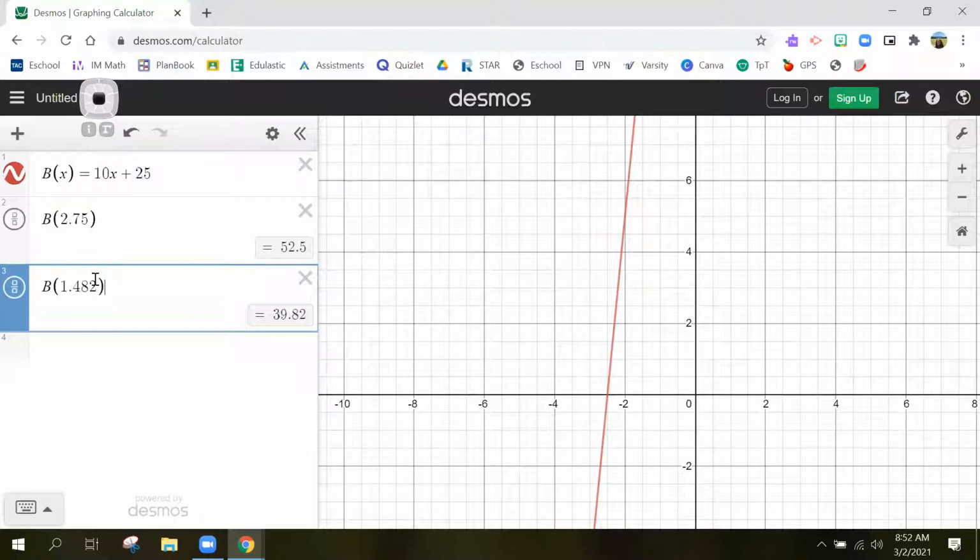I've gone ahead and typed in my function input on Desmos. So when my input is 2.75, what is my output? 52.5. And when my input is 1 and 482 thousandths, what is my output?